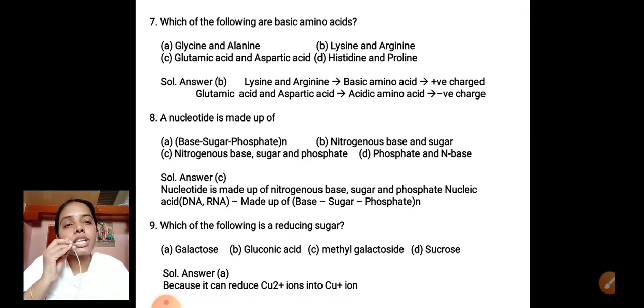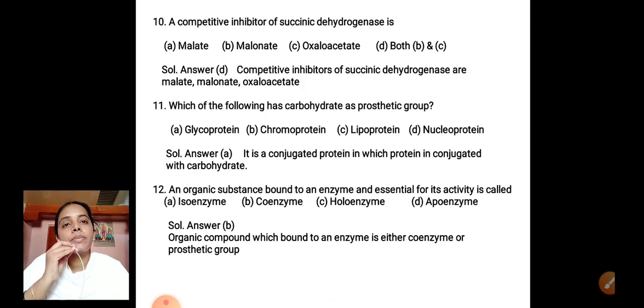So which of the following is a reducing sugar? Here the options: galactose, gluconic acid, methyl galactoside and sucrose. Among these, the reducing sugar is galactose. So the correct option for this is A. Next, competitive inhibitors of succinic dehydrogenase.